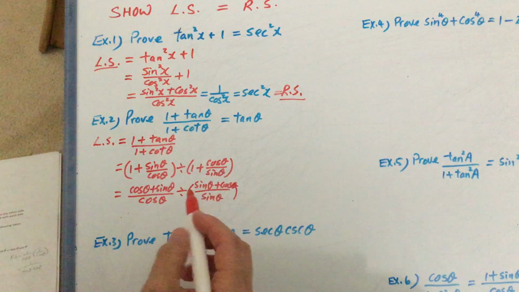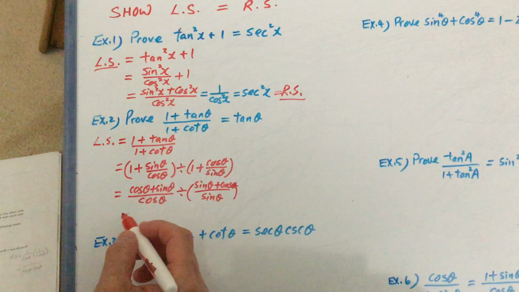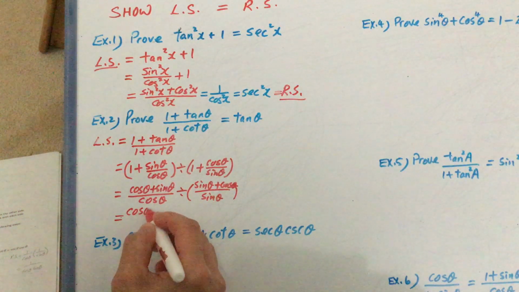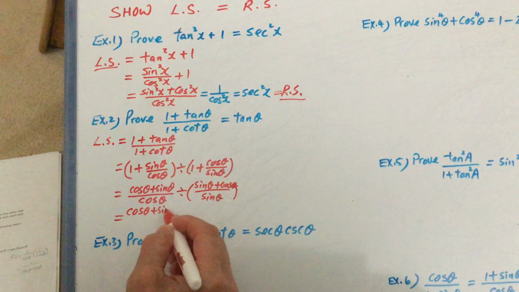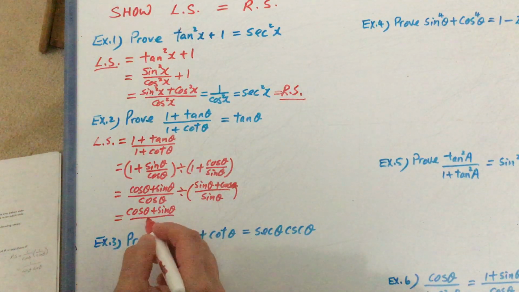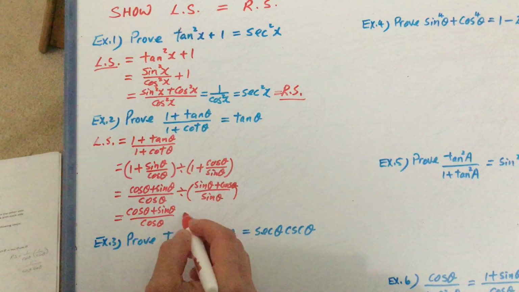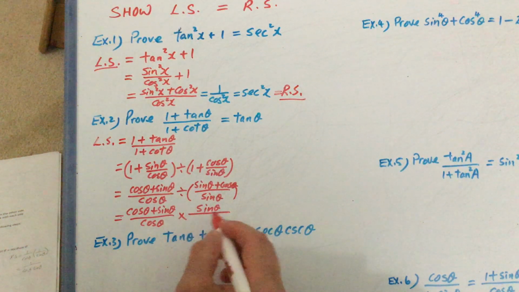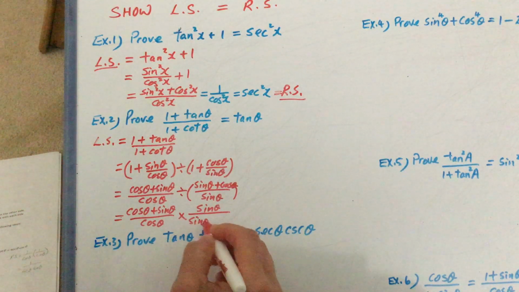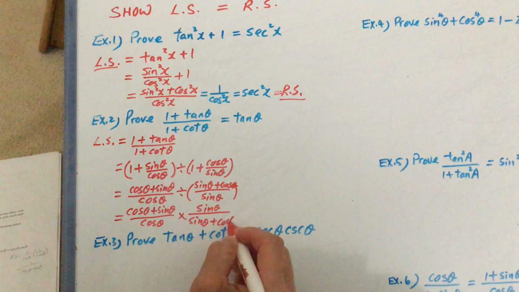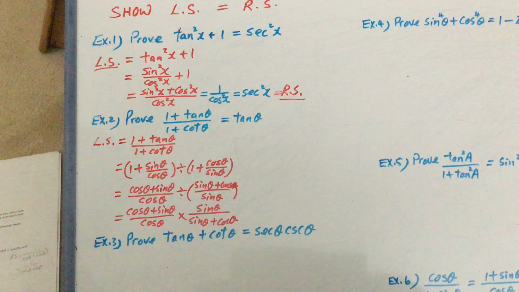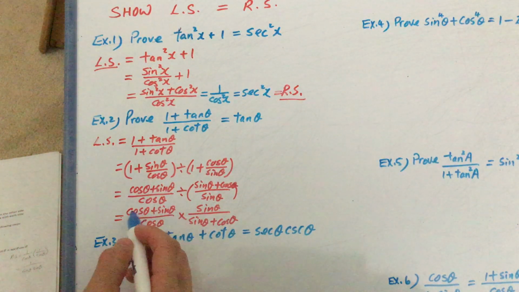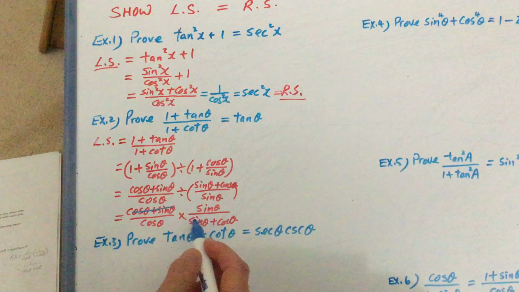Now, when you change these two fractions by flipping the second one, you have sine theta at the top and sine theta plus cos theta down here. Now you know that this is the same, so I can just cross it off.